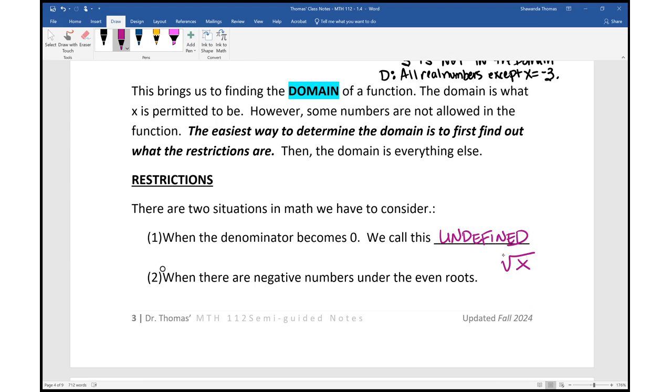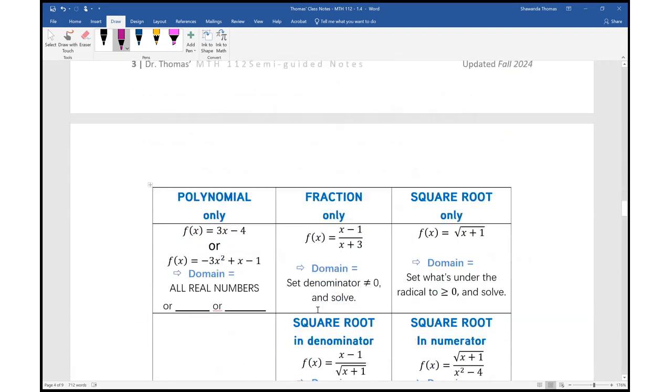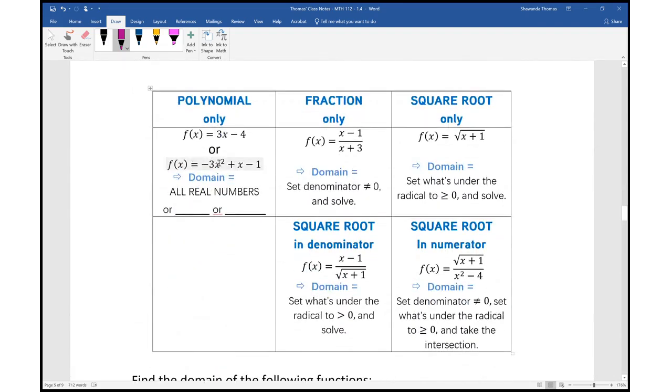This is an even root radical because this is considered to be a 2 here. So a fourth root of x, for example, will also apply. The sixth root of x will also apply. Now, here are all the 6 scenarios you will deal with when finding the domain of a function.